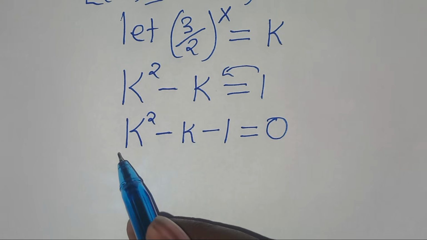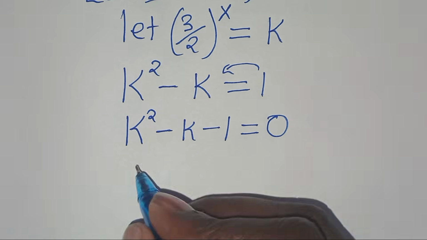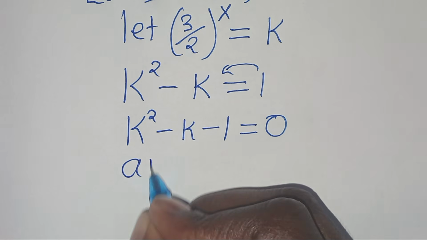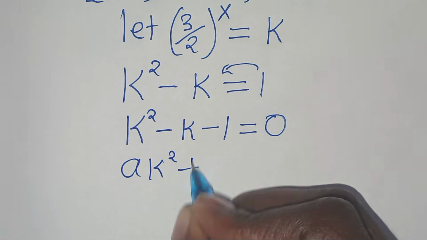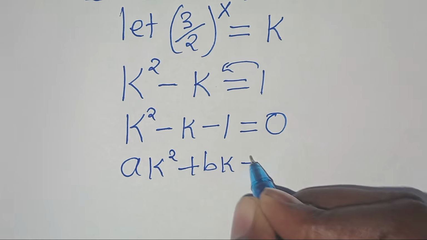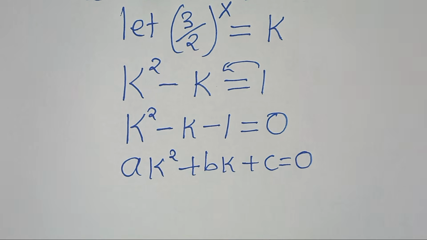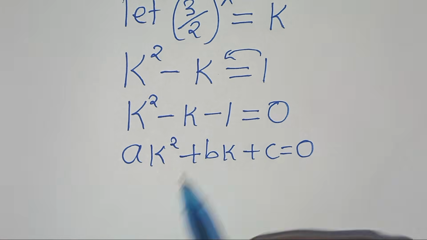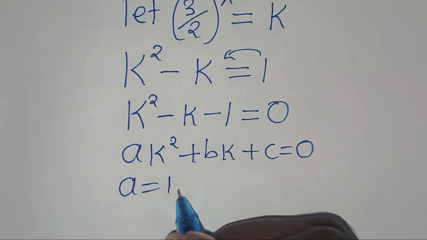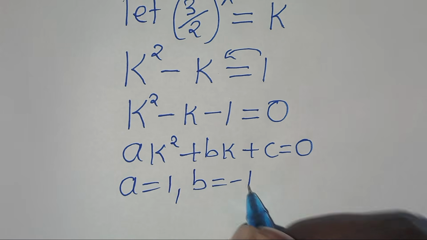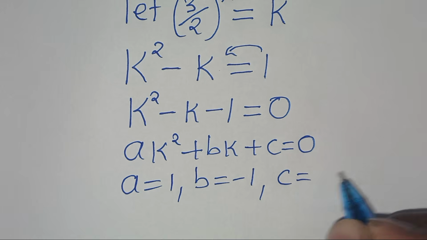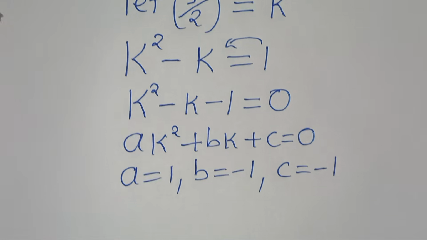Now this is a quadratic equation which is in the form of a k to the power of 2 plus bk plus c. This is equal to 0. From this equation here, we have that a is equal to 1, b is equal to -1, and c is equal to -1.